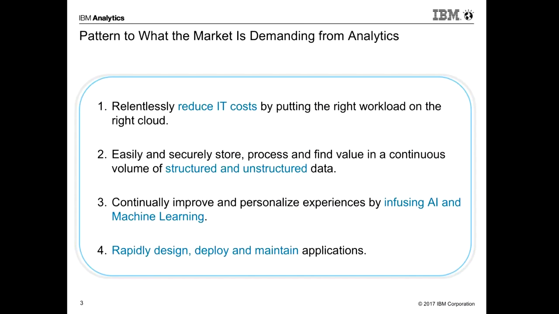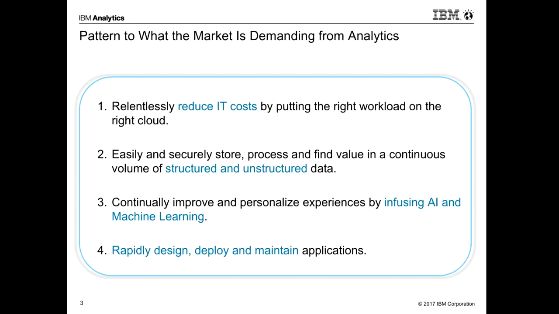Secondly, we're seeing the need for access to all types of data. Many of us have been familiar with the need to process structured and unstructured data, but we're moving away from a hard split between structured and unstructured and really seeing more of a single data fabric.